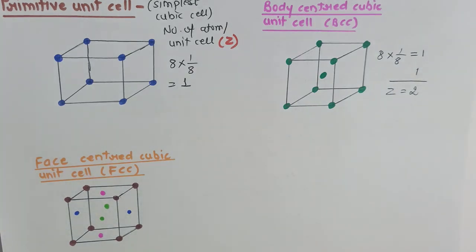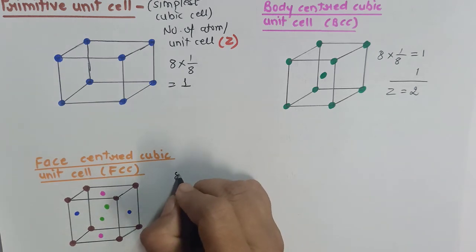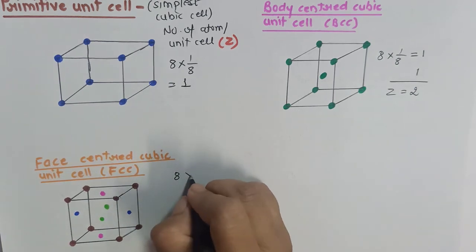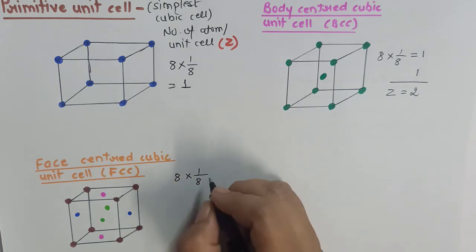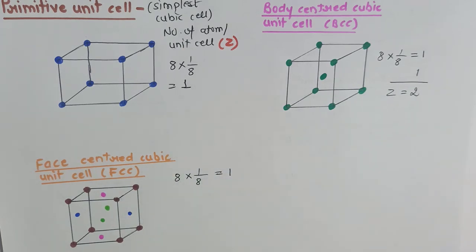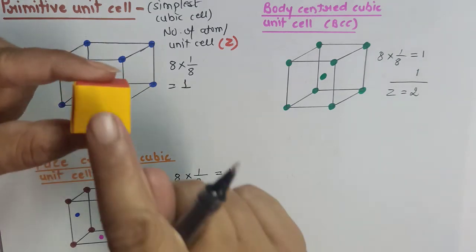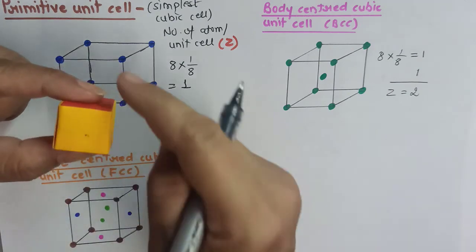Coming to the face centered cubic unit cell, again 8 constituent particles occupy 8 corners, therefore giving 1/8 contribution. And now there are 6 constituent particles on 6 faces. 1, 2, 3, 4, 5, 6.